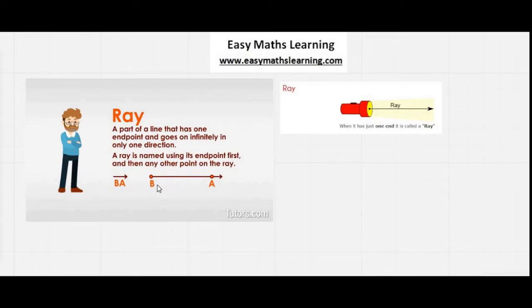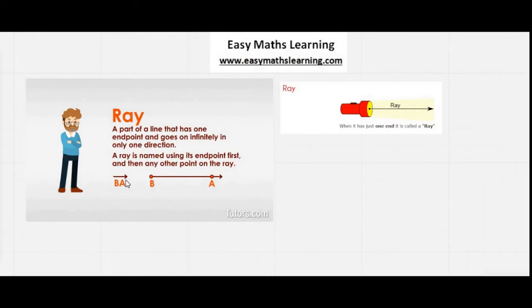Here we can see that one of the endpoints is B, another point is A, and it is moving infinitely towards A after crossing A. Since one of the endpoints is B, we name the ray as BA, and the symbol is an arrow over it.